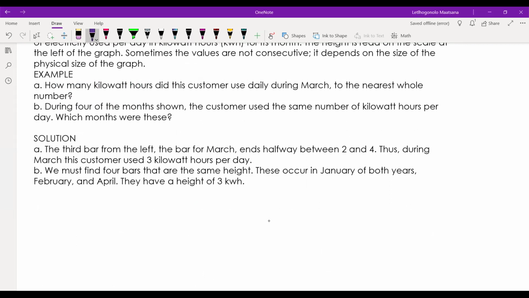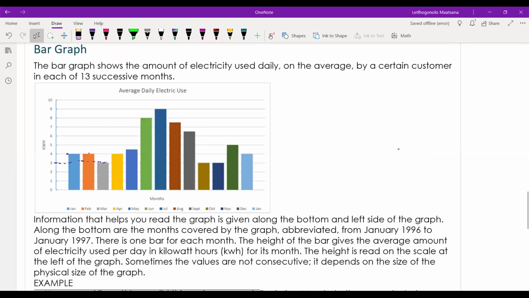Then for B, it says during 4 of the months shown, the customer used the same number of kilowatt hours per day. Which months are these? So we're going to look at the mode, which number showed up the most. 4 shows up 4 times, right?